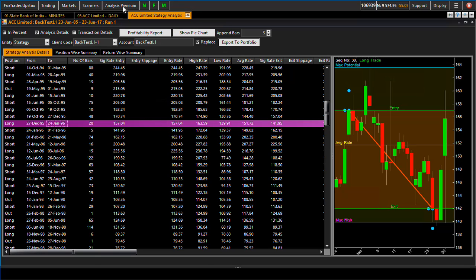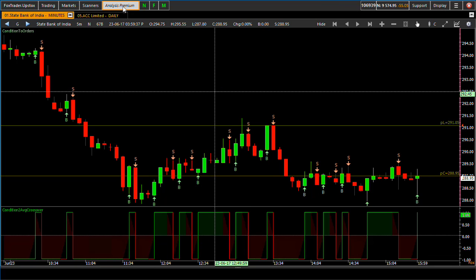Okay, so this is the right method of building a robust trading system that you can follow for algo trading as well. Let me remind you of the steps which should be followed in making this kind of trading system. You should first have an idea that this is the indicator you will use, this is the condition you want to put on those indicators, this is the place where you want to go long, exit long, go short, exit short, and this is the kind of stop loss or trail stop loss you want to put.